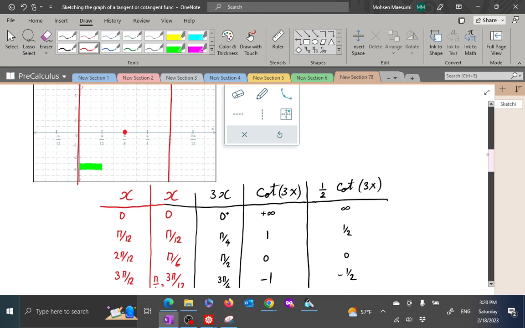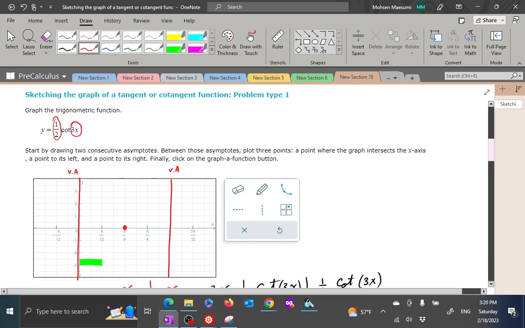This question asks us to start by drawing 2 asymptotes, and then between these asymptotes plot 3 points. A point where the graph intersects the x-axis, so that is where it is.